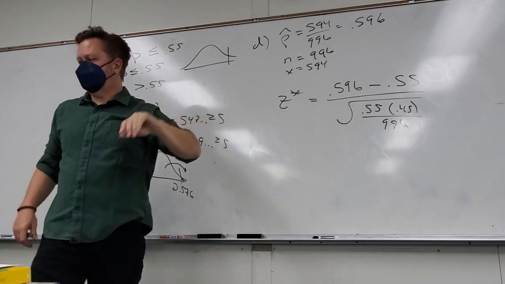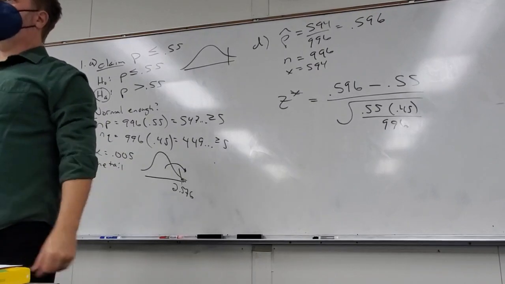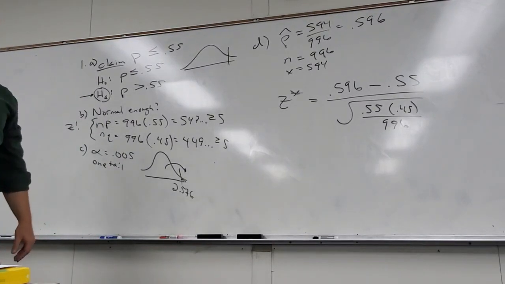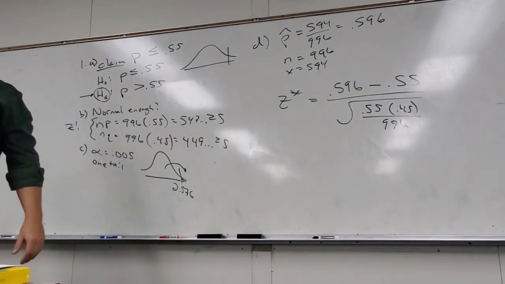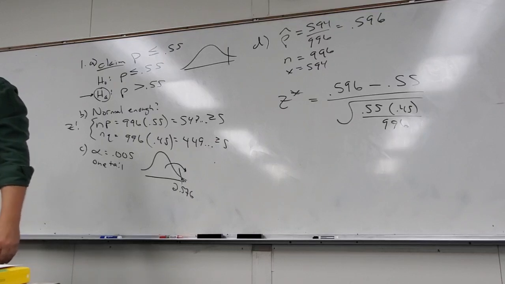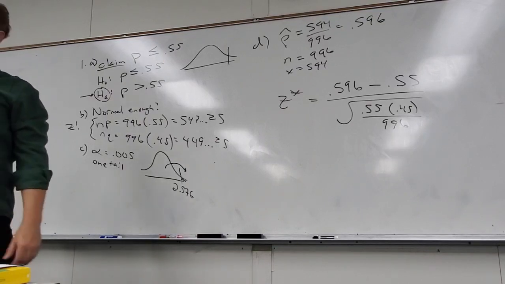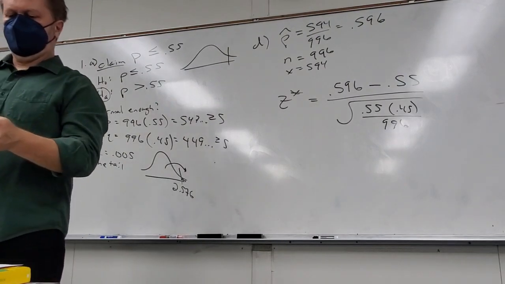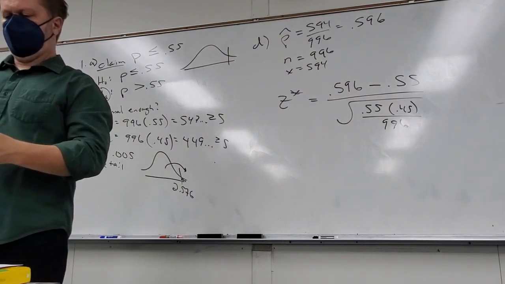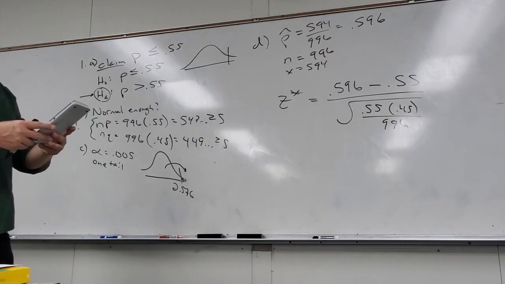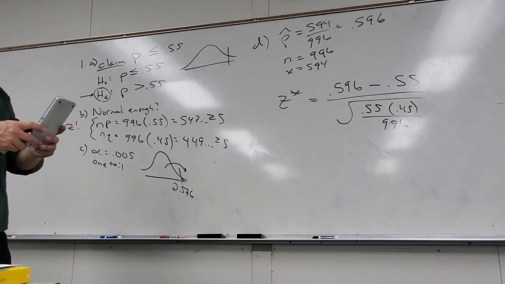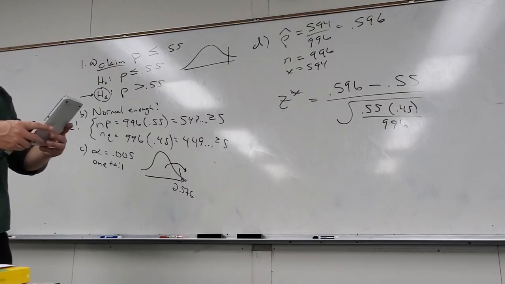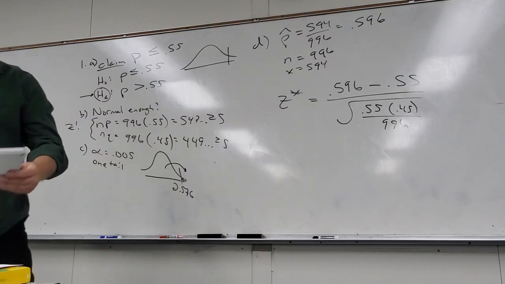I'm trying to do this in my head. I gotta stop doing that. I think it's 2.9 something. I could really be wrong. You have to be really careful about putting this in your calculator.